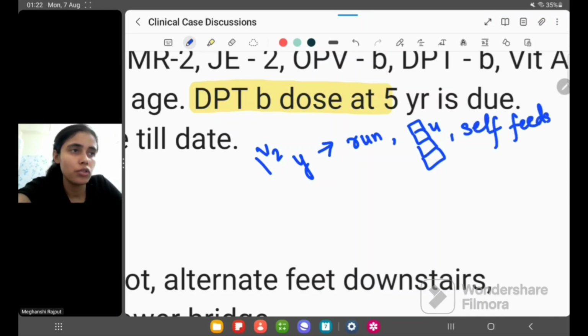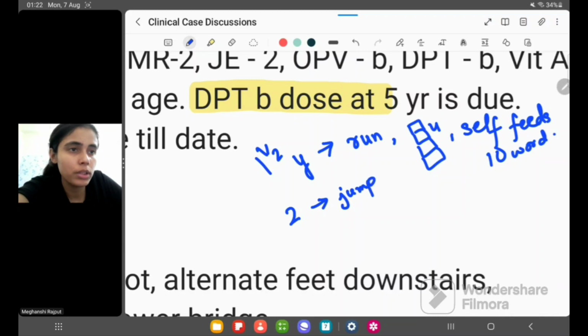He would be able to eat from his own plate, and the child would have a 10-word vocabulary. By the age of 2 years, the child would jump and would use a spoon well to feed himself, and would now make a tower of 7 cubes, a little double of that.